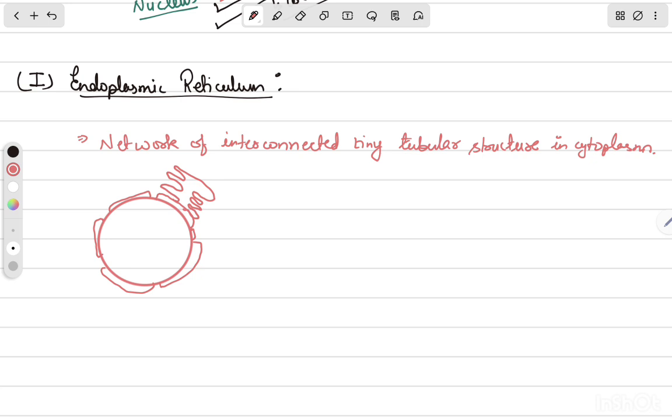So these are the endoplasmic reticulum. Basically, these are interconnected cisternae of the endoplasmic reticulum. These are interconnected tiny tubular structures which are spread throughout the cytoplasm as endoplasmic reticulum.